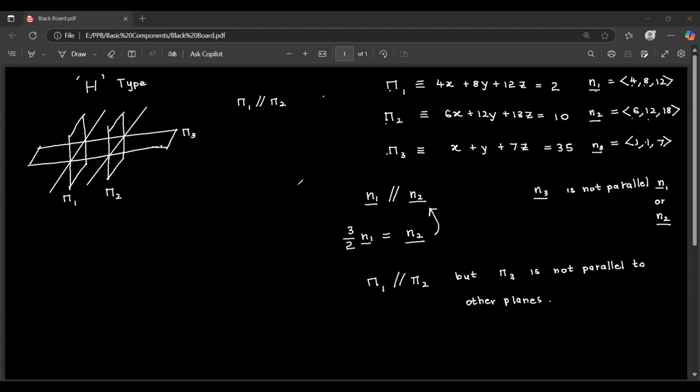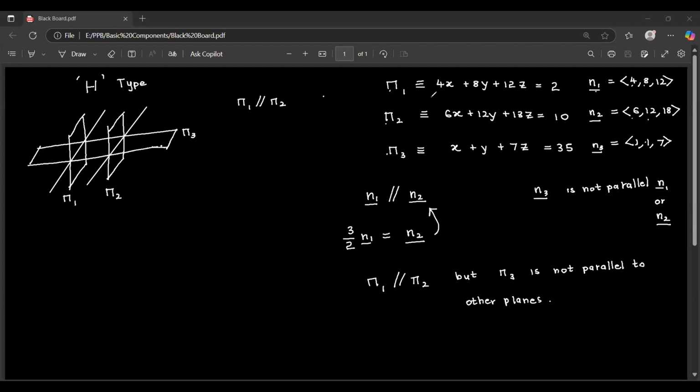Therefore, pi 3 intersects pi 1 and pi 2, and you can find the intersecting line by replacing the values using the parametric values.